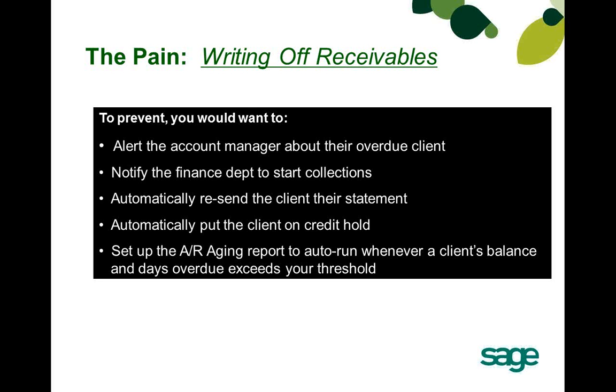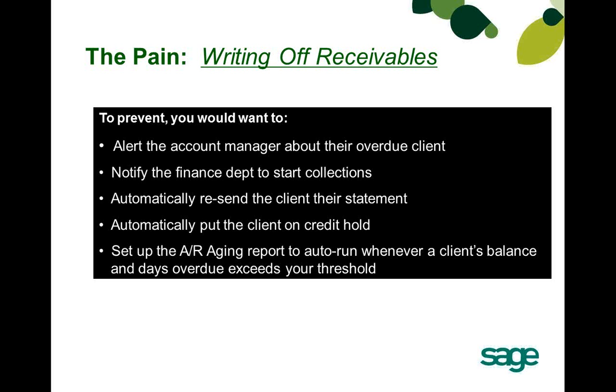And automatically resend the customer copies of their overdue invoices or their statement, again, without waiting for the account manager or someone else to manually process these, and automatically put the customer on credit hold as soon as they become past due. Now, when I say automatically, I mean without any human intervention necessary.